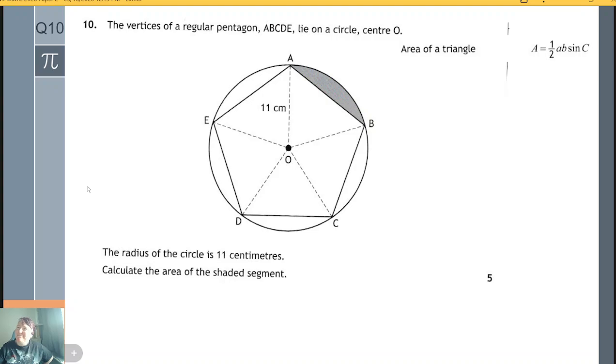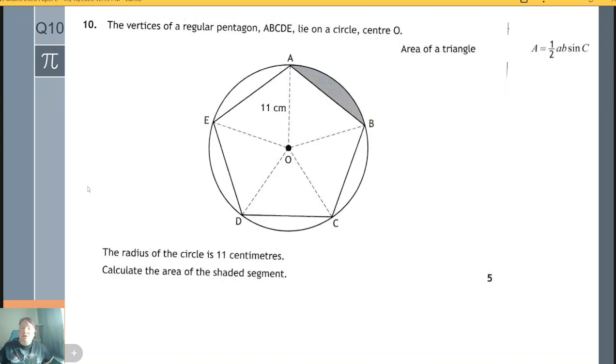Question 10. The vertices of a regular pentagon lie on a circle centre O. Remember, a regular shape means it's even. Everything is split evenly. So our regular pentagon, our 360 degrees, is split into 5 equal parts. The radius of the circle is 11 centimetres.